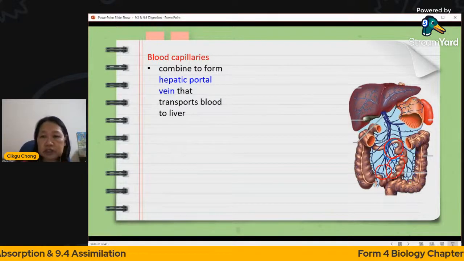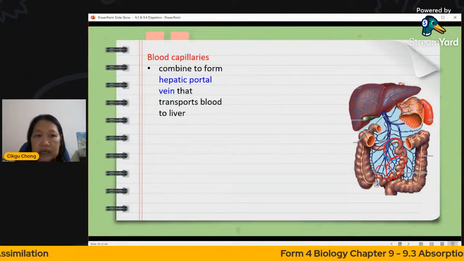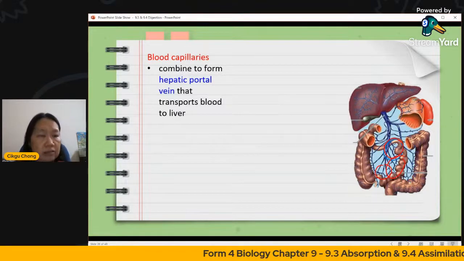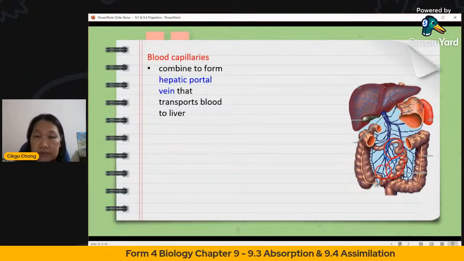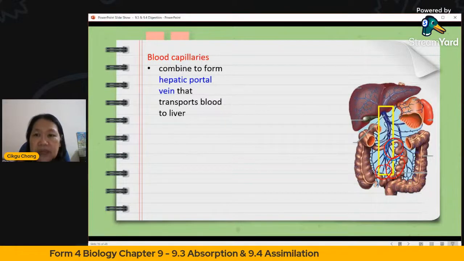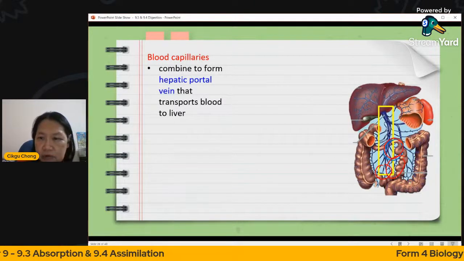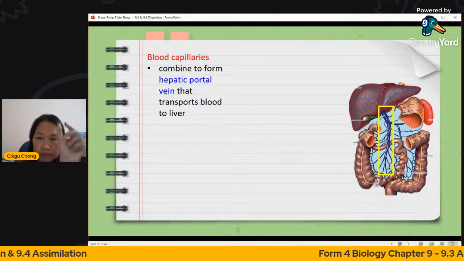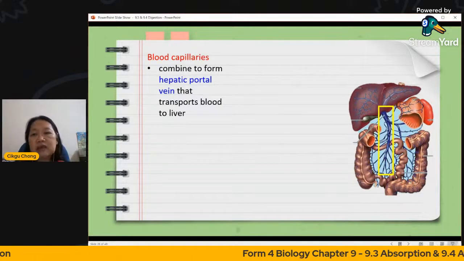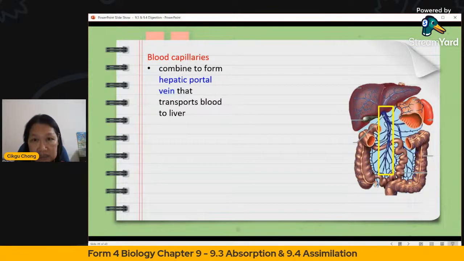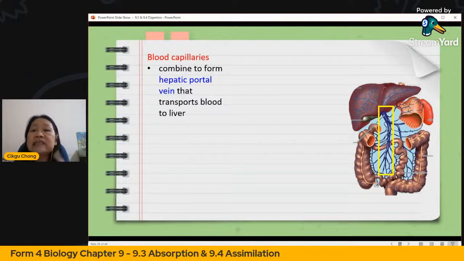After absorbing the nutrients, after absorbing all these substances, it is transported to a very important vein. This is called the hepatic portal vein. So you can see over here, this is the hepatic portal vein, the major vein that connects from the small intestines to the liver.